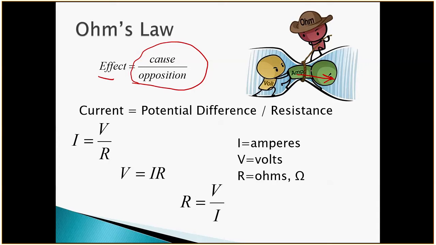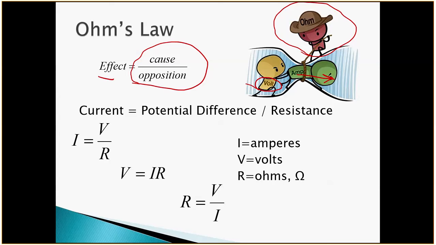We hope that's the effect. The cause, the culprit behind this, is Mr. Volt himself, who's doing the pushing. He's pushing the pressure. And the guy opposing that pressure and this effect is Mr. Ohm, who does not like to see anybody flowing through his wire. So those are the 3 components.